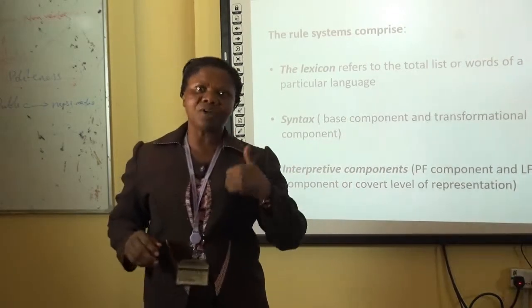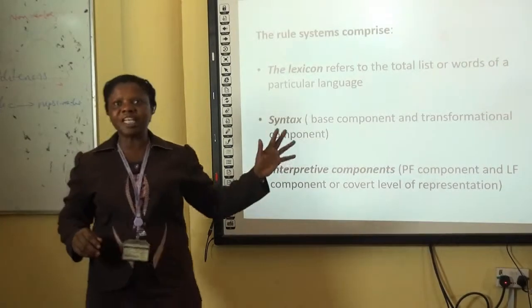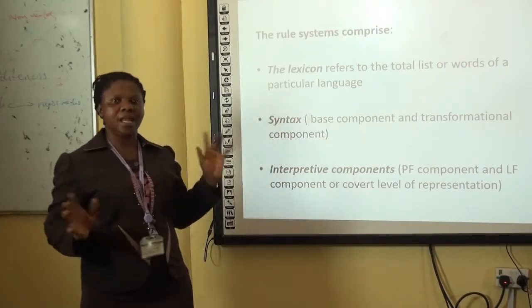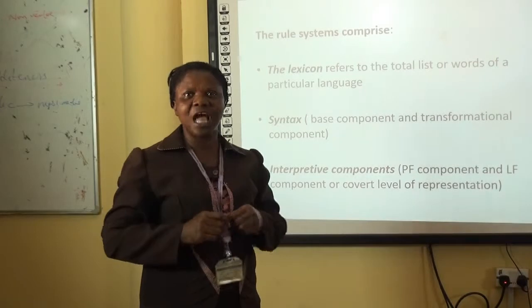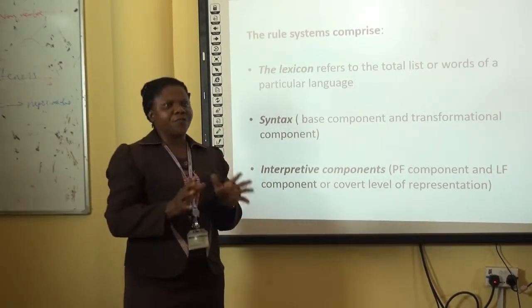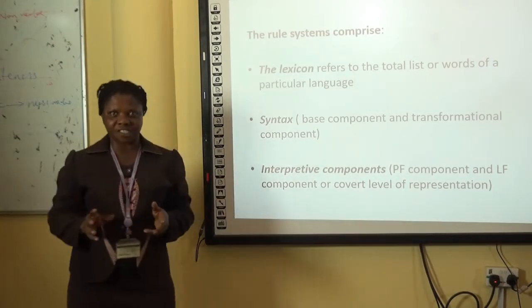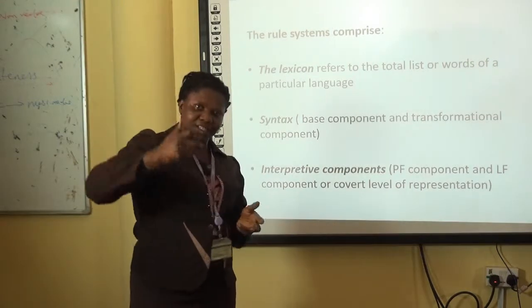When we talk about the lexicon, we are just talking about the total list of words in a language. Every language has a list of words. And if we are to discuss the lexicon, there are other features that must be discussed.